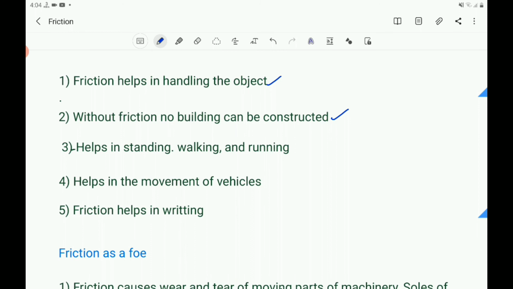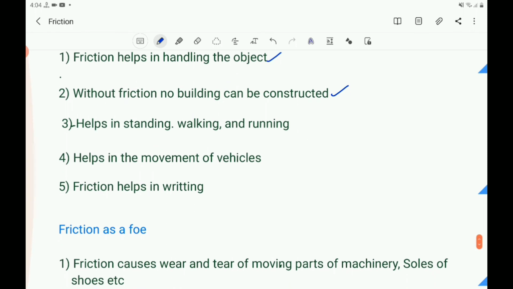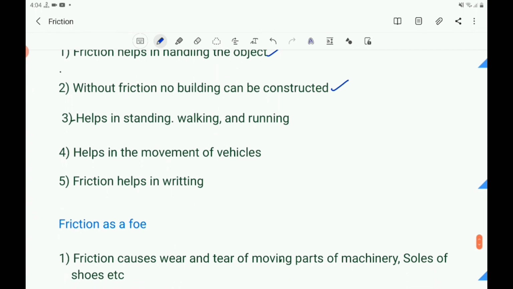Then we can stand, walk, and run easily. And friction helps in movement of vehicles. Friction also helps in writing. Friction brings the grip between the pen and the paper so that we can write on a paper with the help of pen and pencil.